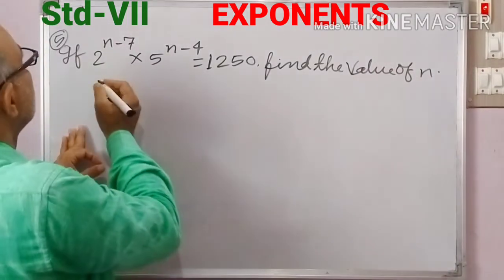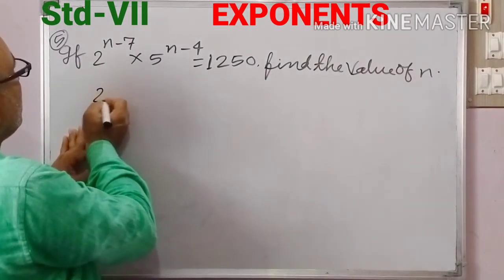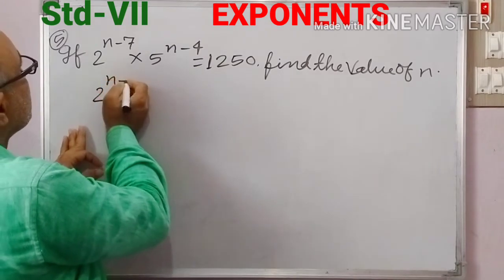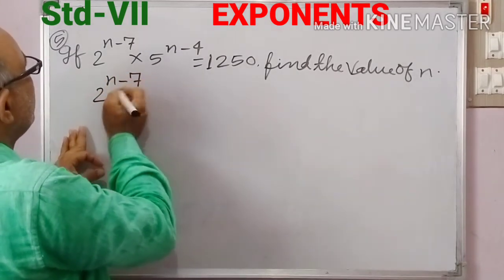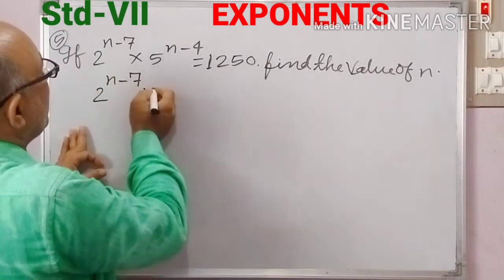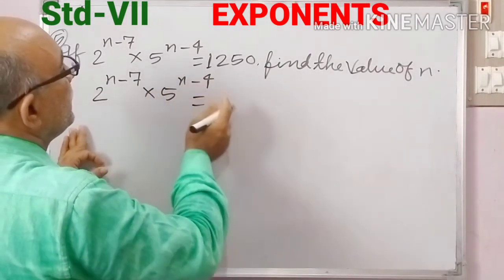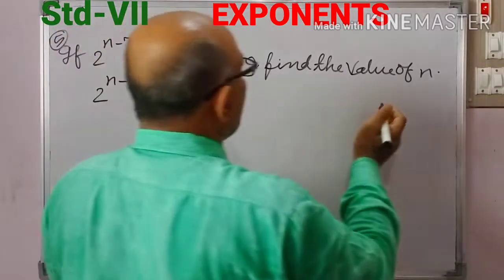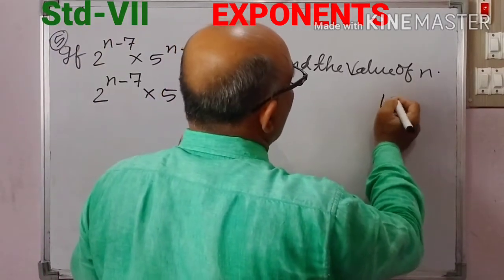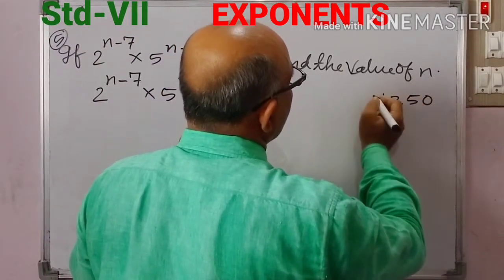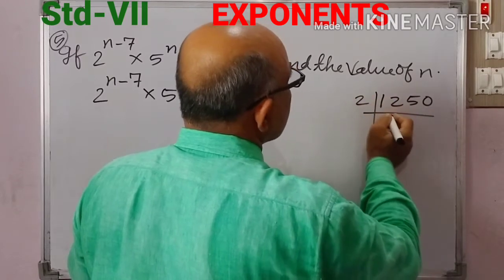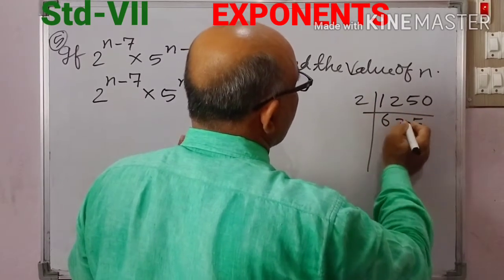First of all, find the factors of 1250. 2 times 625.